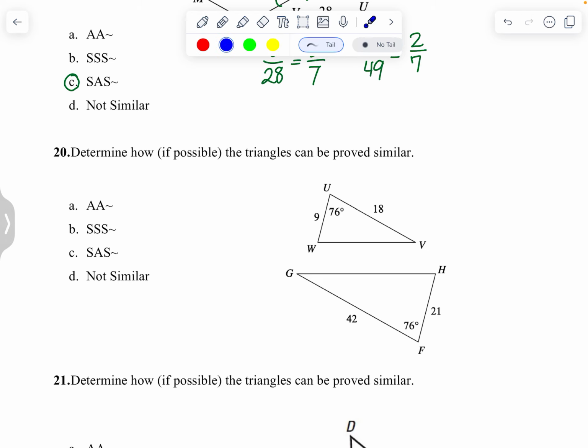All right, here we have a congruent angle. And now let's check these two sides. Short with short, long with long. Let's check and see if the sides are proportional. 9 over 21 and 18 over 42. 18 over 42 reduces to 9 over 21.